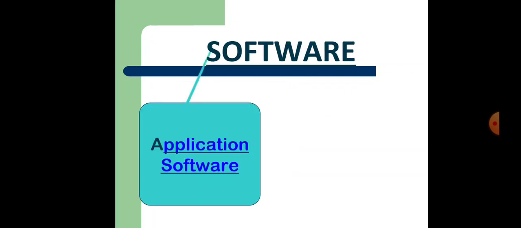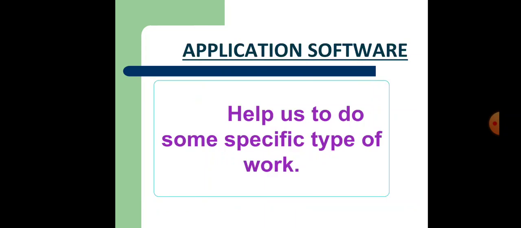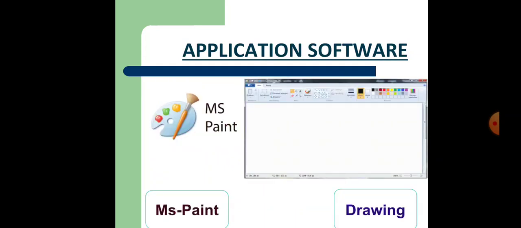Children, in the last class you learned that software are of two types: application software and system software. You learned about application software, that if we want to do some task on a computer or a phone, we choose application software. For example, if I'm feeling like I want to do some painting and coloring, I will choose Microsoft Paint.